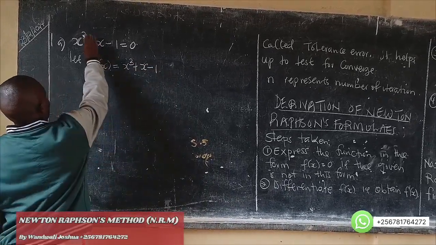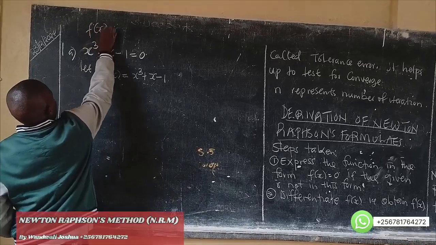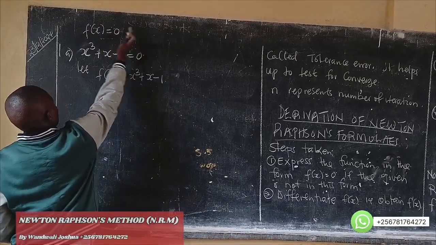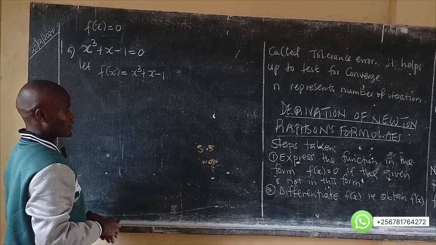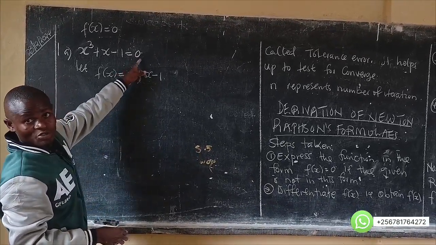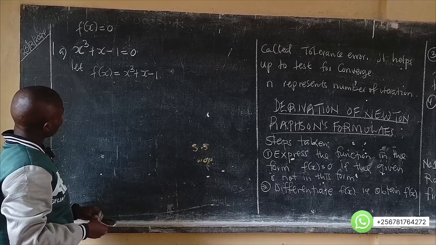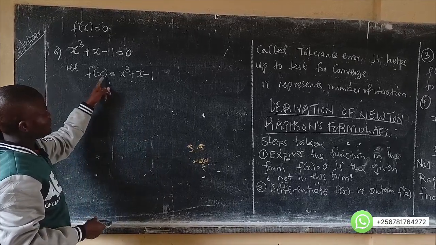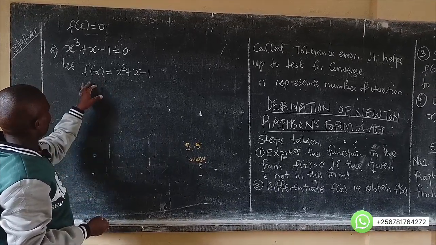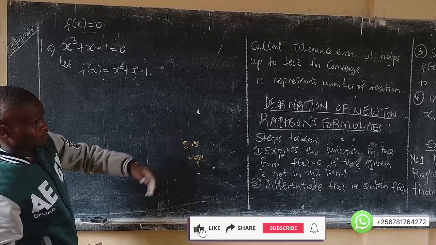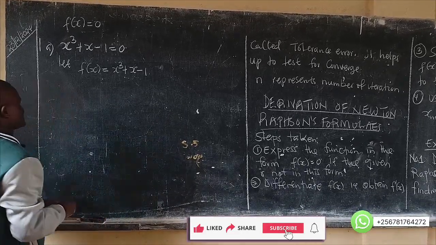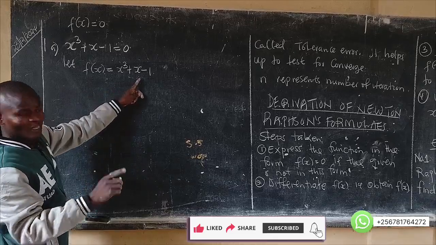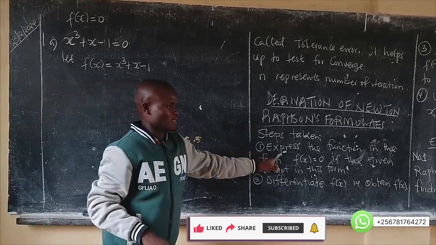Remember, we said the function should be of this form first. That means all the variables are supposed to be on the left hand side, or any term which is not 0 must come to the left hand side. That is the best way, because you are looking for where the curve cuts the x-axis. Now after having the function, that was the first step.